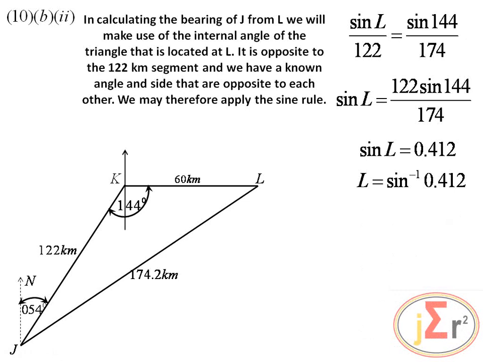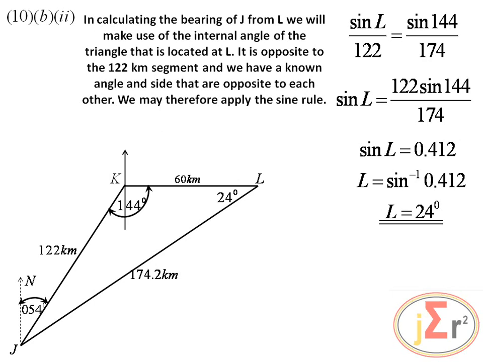Do not forget that if we have the sine, cosine, or tangent of an angle already, in order to find the angle, we go in the reverse order, taking the inverse sine, or if it is cosine or tangent. So L is equal to sine inverse of 0.412, 24 degrees.